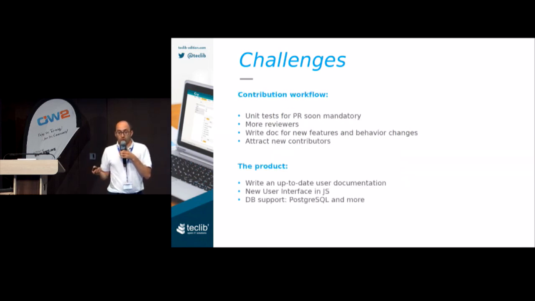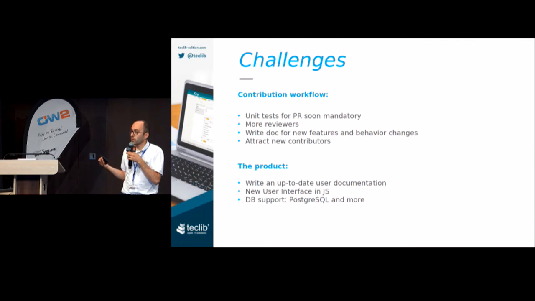The contribution workflow: by switching to GitHub and Git, it's now much easier for us to integrate contributions coming from contributors. So now for pull requests, the unit tests are becoming mandatory.